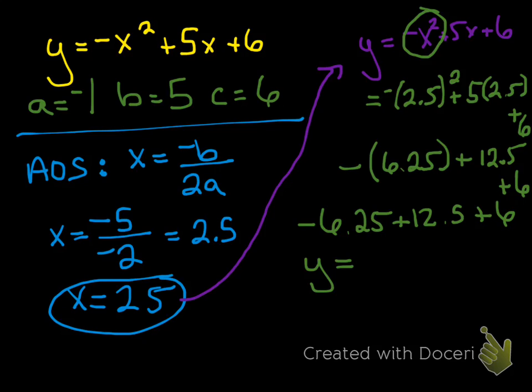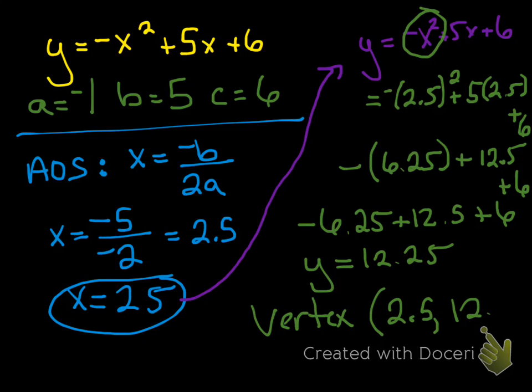So that means that y is equal to 12.25. Right, so our vertex then is 2.5 and 12.25.